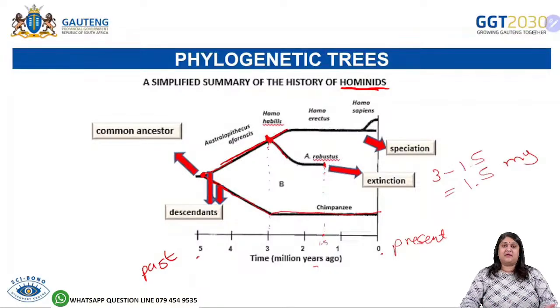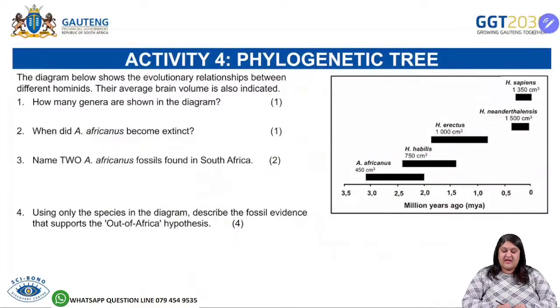Not million years ago, because they're asking how long it was in existence for. It existed for 1.5 million years. Okay, but when did it become extinct? 1.5 million years ago. Are you with me? Okay, that's the difference. Now let's do some questions.